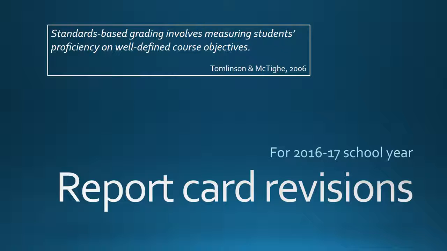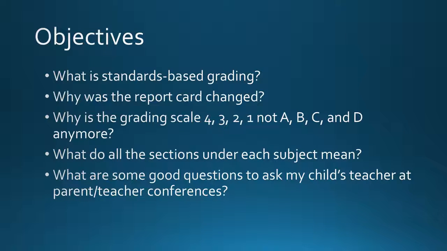In this presentation, we will be talking about the revisions we've made to the elementary report card for this school year. I'll be sharing the definition of standards-based grading and explain in detail why the report card was changed.